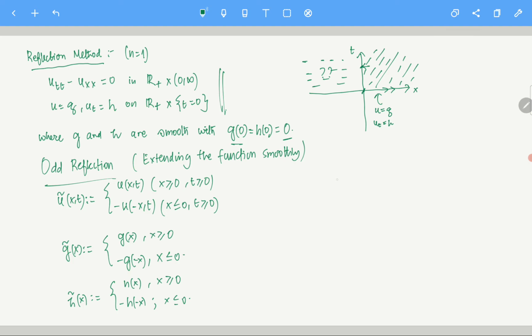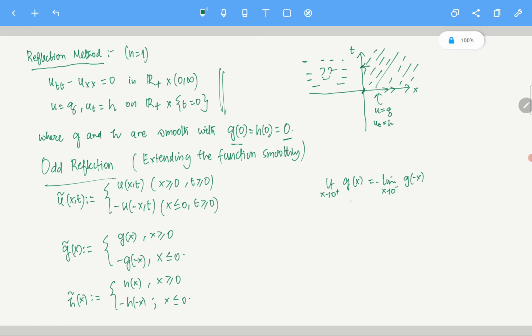Now, if that is the case, g at the point x, the limit as x tends to 0 plus, has to equal the limit as x tends to 0 minus. So if g tilde is continuous at the point 0, then this has to happen, with g of minus x.